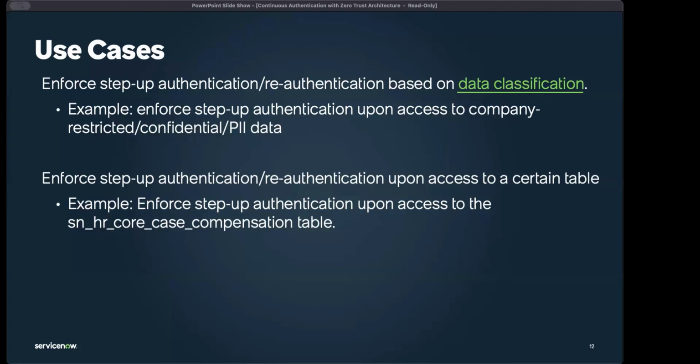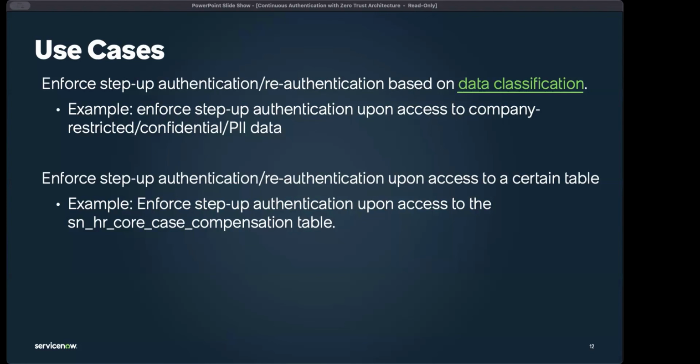Okay, so what are the top use cases that the continuous authentication feature is supporting? You can create or configure policies either directly based on a table. Let's assume that you know that there is a table, it contains sensitive information, and I want to have a high assurance check before allowing access to that table.